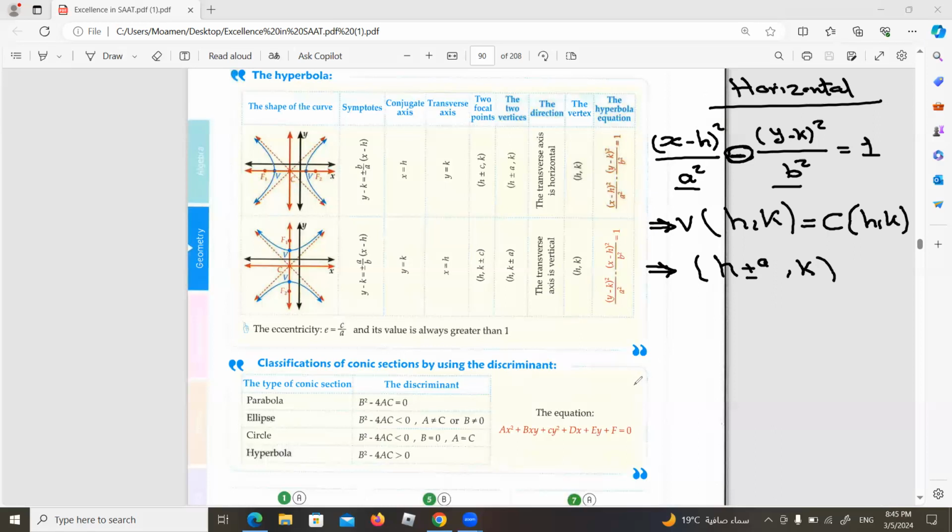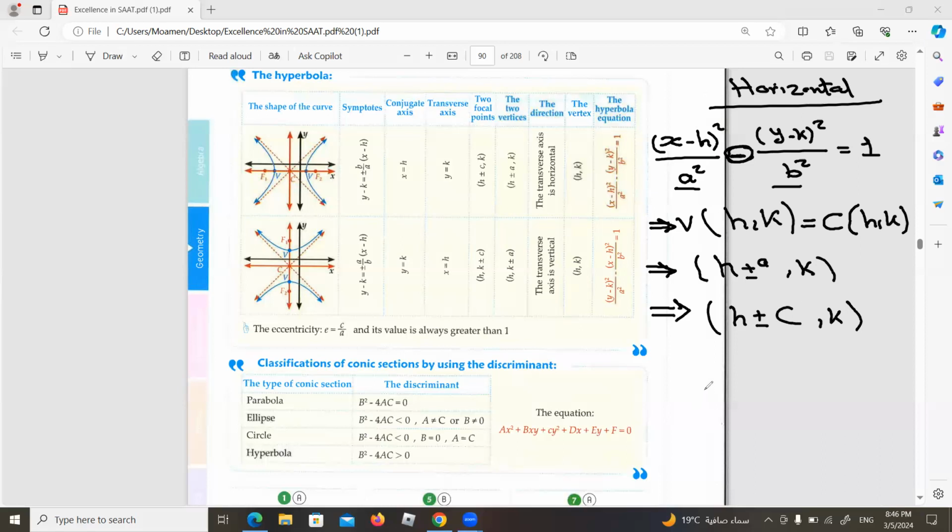So plus or minus a. What about the focus points, the foci? We have two foci, focus 1 and focus 2. So k will be a constant and h will be added or subtracted by c.